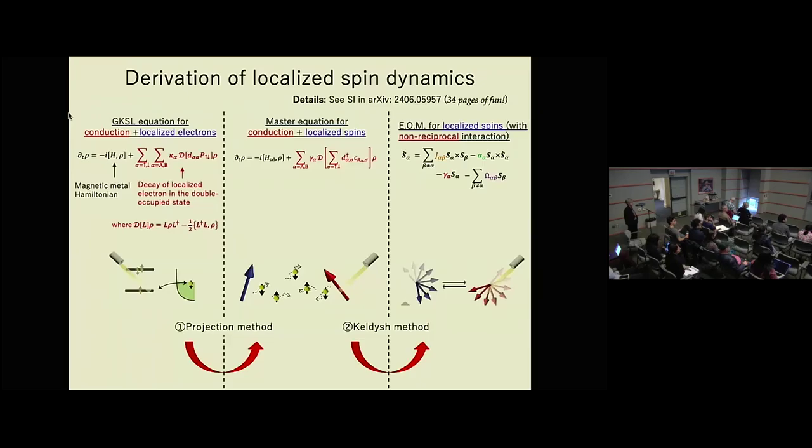To treat this, the light-induced loss part, I assume to be Markovian. We have a justification for it, and we formulate it like this. For the conduction electrons, these are by definition a quantum state. So it's not explicit here, but it does contain some information about the Fermi surface effect. So it's kind of half and half, I guess. Yes. Okay. Thank you.